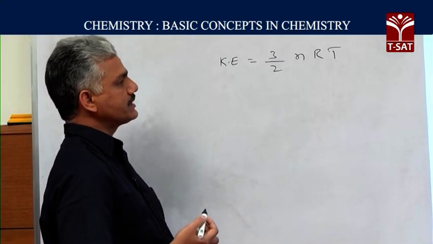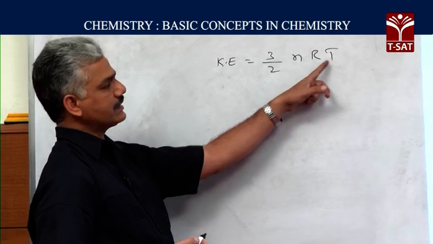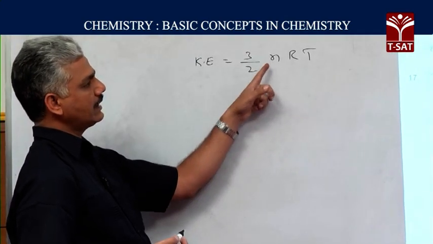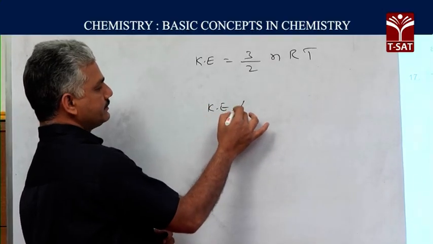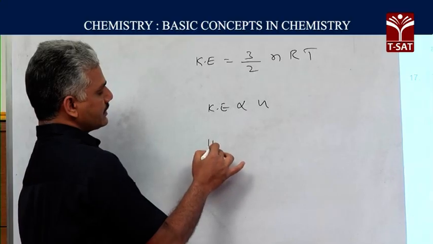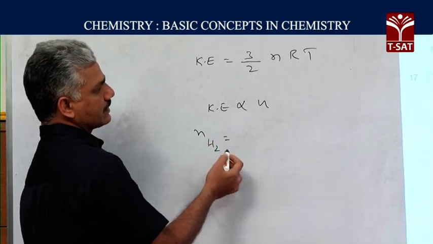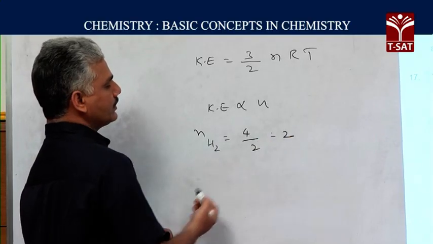In this, n represents number of moles. When temperature is kept constant, kinetic energy is directly proportional to number of moles. So, number of moles of hydrogen we have to calculate first. It will be 4/2, that is 2.